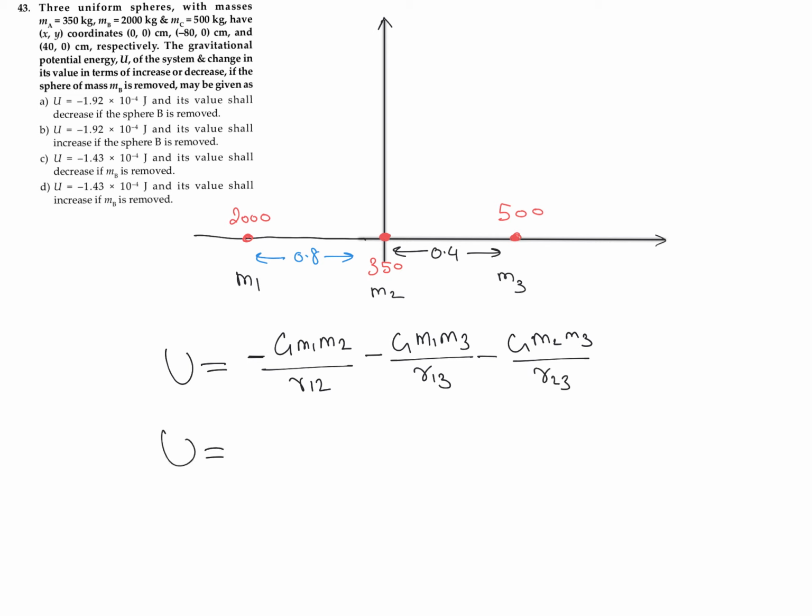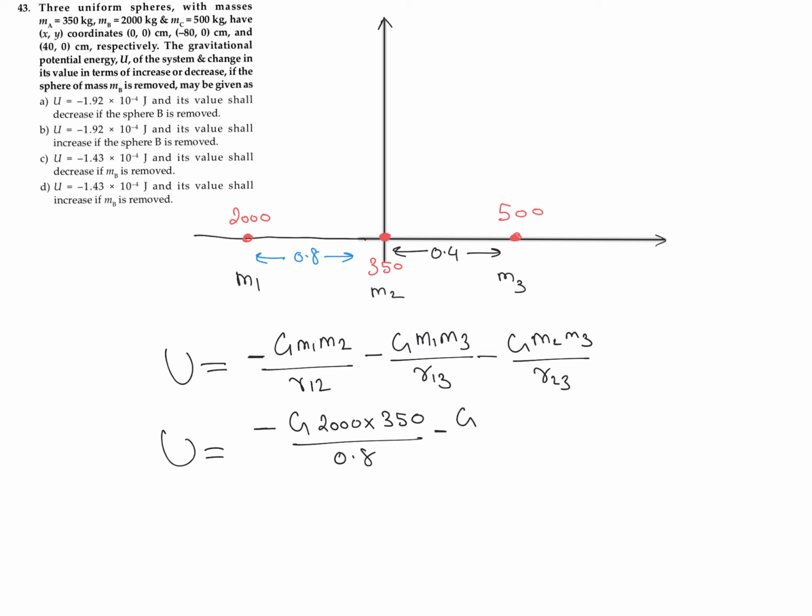Now if you want to find the value of the total potential energy, we can just substitute the values. Let's say it is G into, in the first case, 2000 into 350 divided by the distance between them, 0.8, minus.